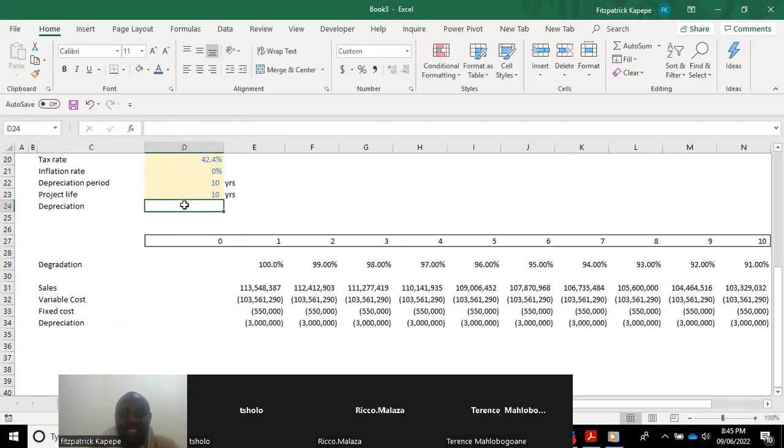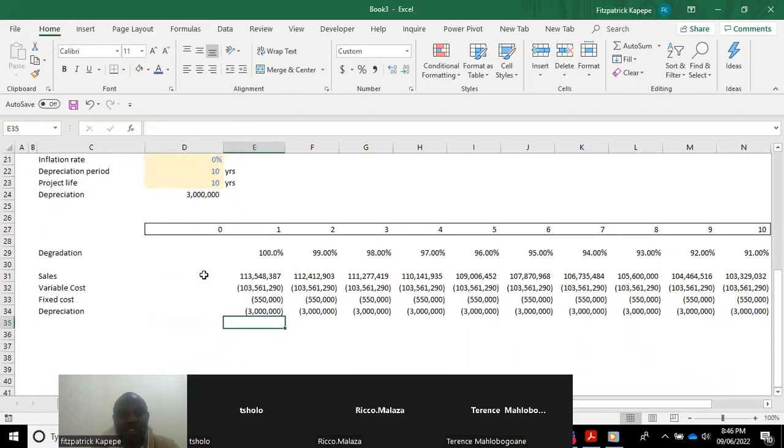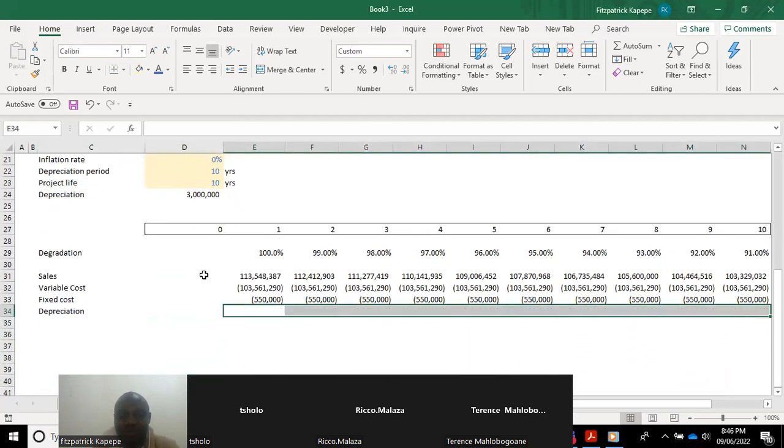I'll say equals 30 divided by the depreciation period of 10, giving me 3,000. I'll not complicate my work, so I'll say equals minus 3,000. Then I press Control and Enter so that it gives me all the numbers up to the end. These are just shortcuts that we use.